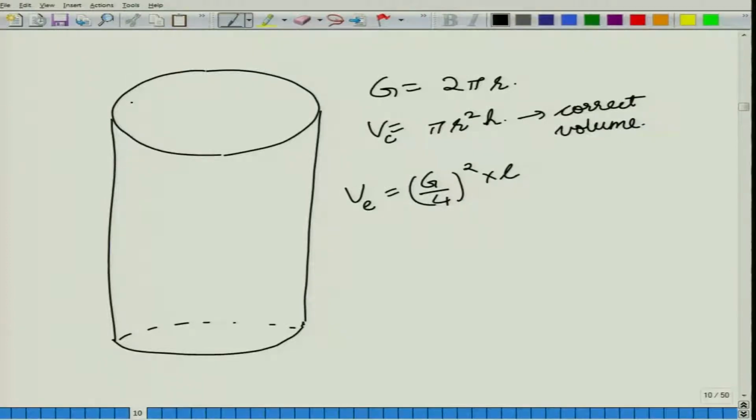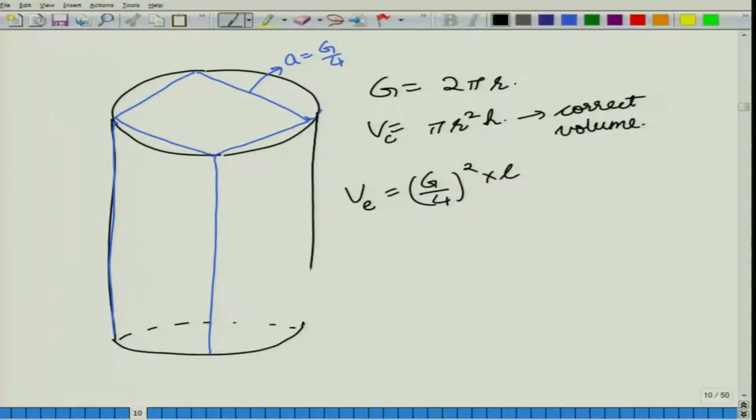So, what essentially we are doing is, if we have a girth, then we are considering a squarish section of this log of edge A equal to G by 4. If we consider a cuboidal portion of the solid here, this solid is a cuboid of edge G by 4.